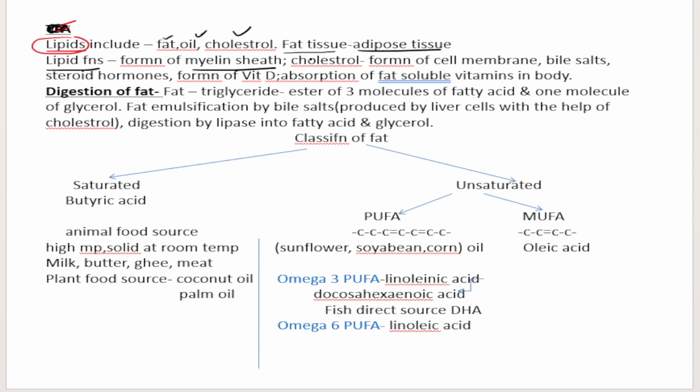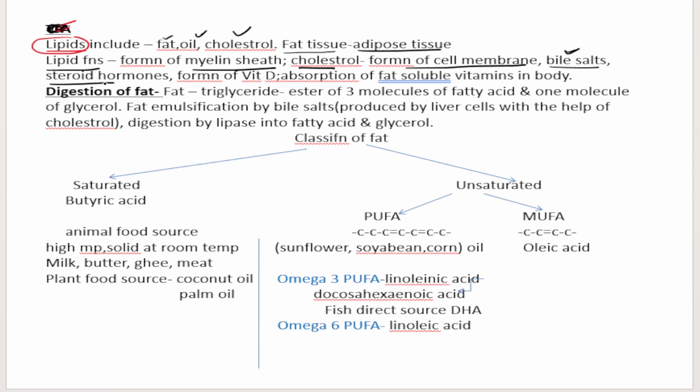Second, cholesterol is also a form of lipid, and cholesterol is involved in the formation of the cell membrane of the cell. Cholesterol is also involved in the formation of bile salts. The liver emulsifies or breaks down the fats using cholesterol and bile salts.